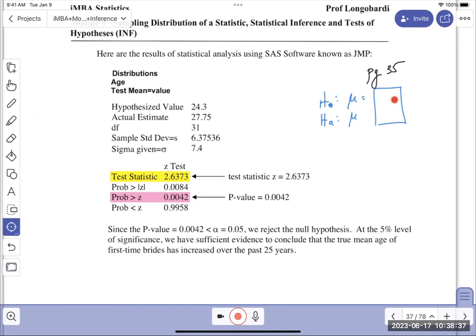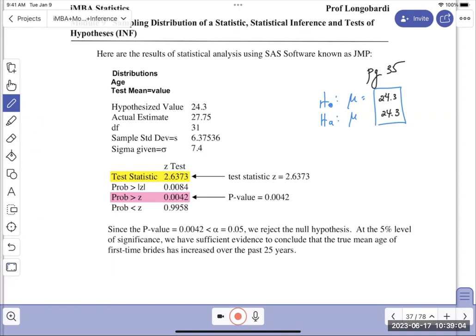What is the number that I put in the blue box? Right, so it tells you in words: hypothesized value. That's the hypothesized value. So I'm going to put that here, 24.3.